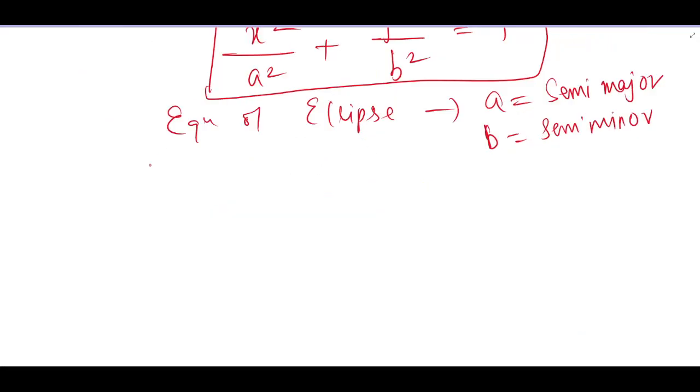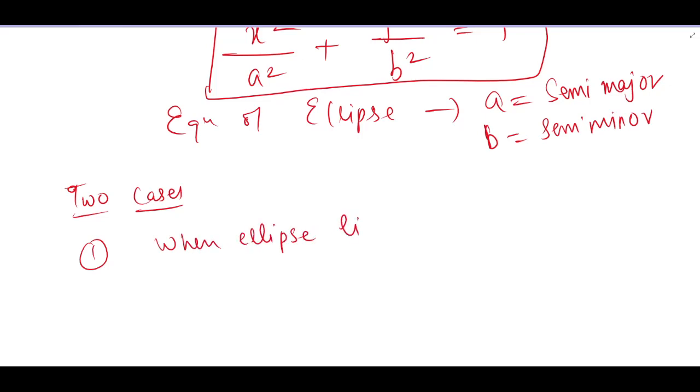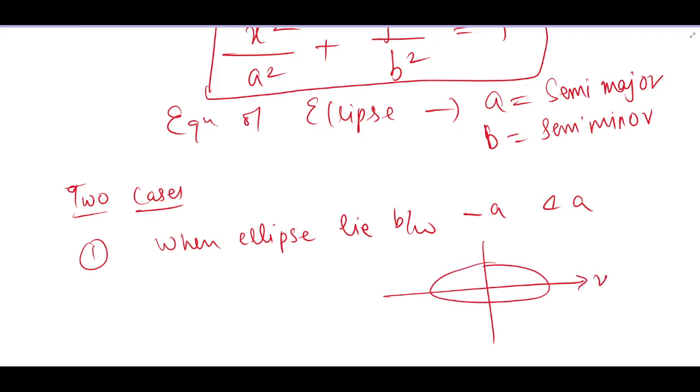Next, we have two cases. First is when the ellipse lies between minus a and a, that is, the major axis is along the x-axis. So the equation of the ellipse will be x square by a square plus y square by b square is equal to 1.